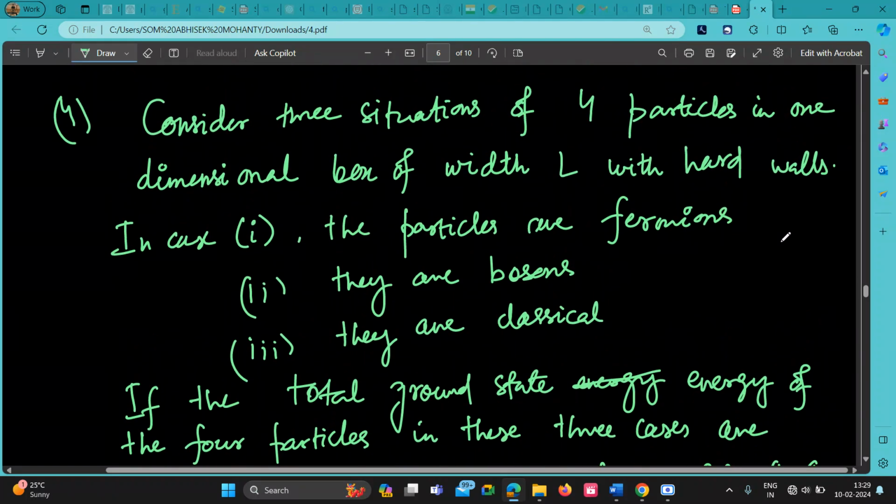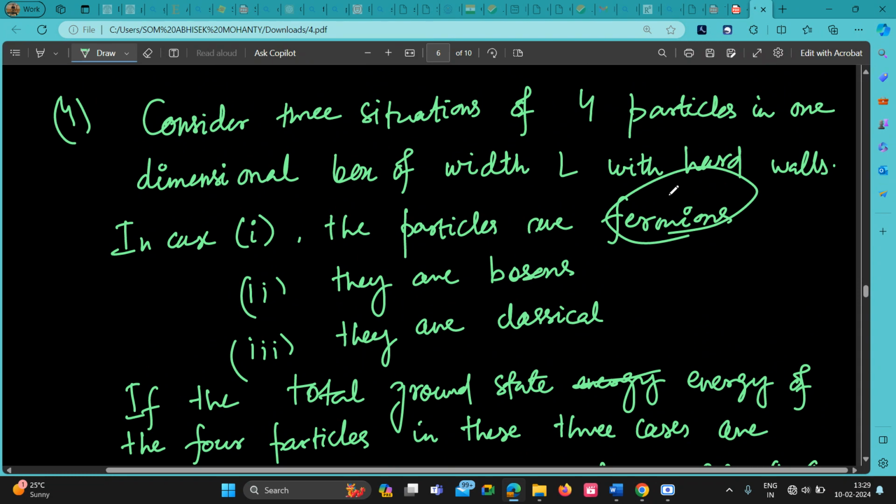Consider three situations of four particles in a one-dimensional box of width L with hard walls. In case 1 the particles are fermions, case 2 bosons, case 3 classical. Okay, four particles in a one-dimensional box of width L. First let's consider the fermions.